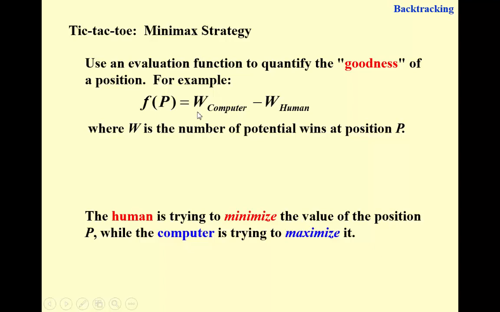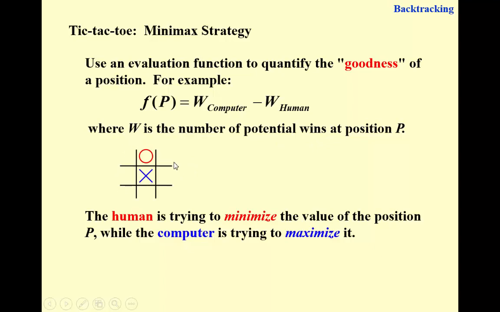So for example, we can simply define this function to be the win number. W is the number of potential wins at position P. So it's the win number for the computer minus the win number for the human. And here, a win means a line that is possible to win.